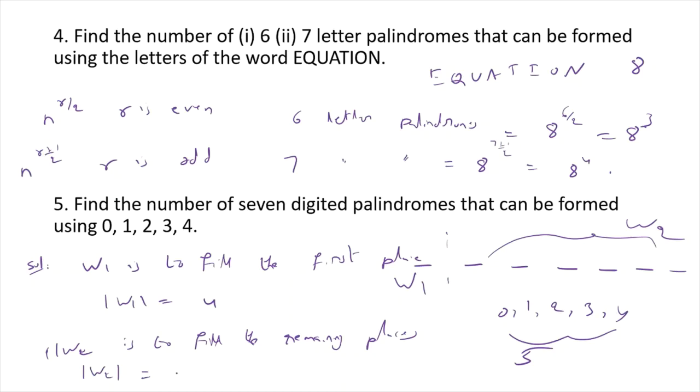So we have 5 raised to 6. So total number of ways of completing the task is equal to 4 times 5 raised to 6. These are the total number of 7-digit numbers that can be formed using the digits 0, 1, 2, 3, 4. So whenever 0 comes, you have to be a little bit careful in filling up the first place.